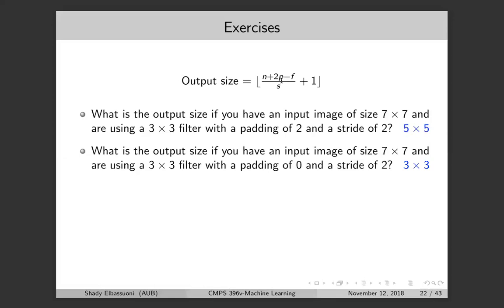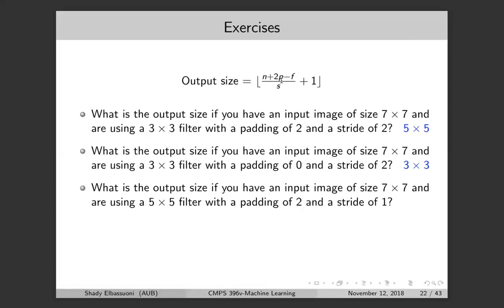Excellent. What is the output size if you have an input image of size 7 by 7 and you're using a 5 by 5 filter with a padding of 2 and a stride of 1? 7 by 7. Let's see.